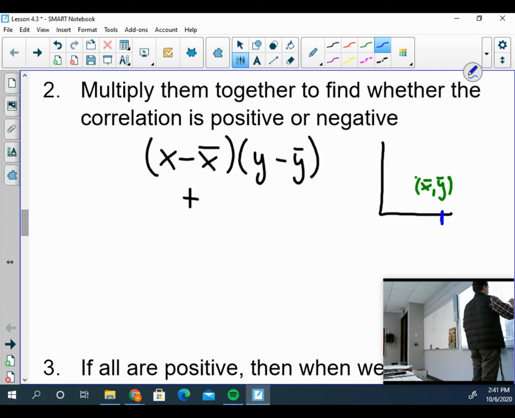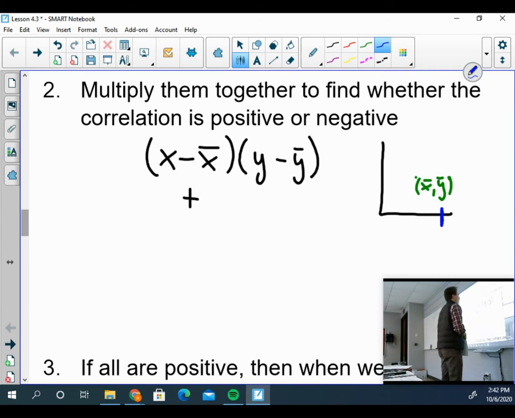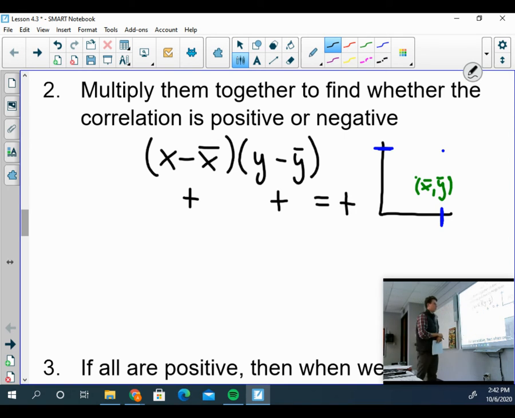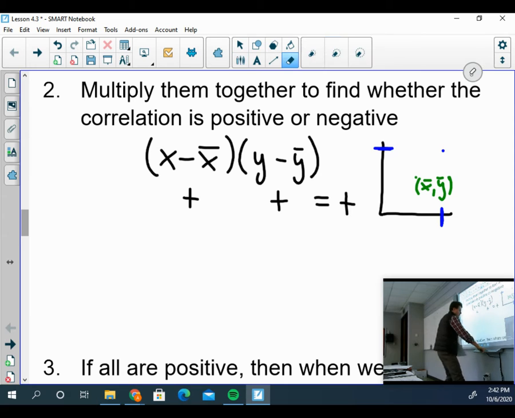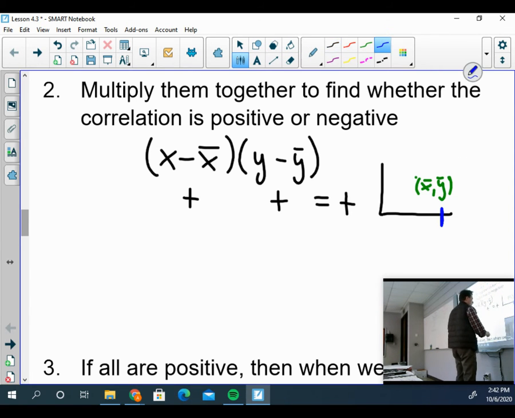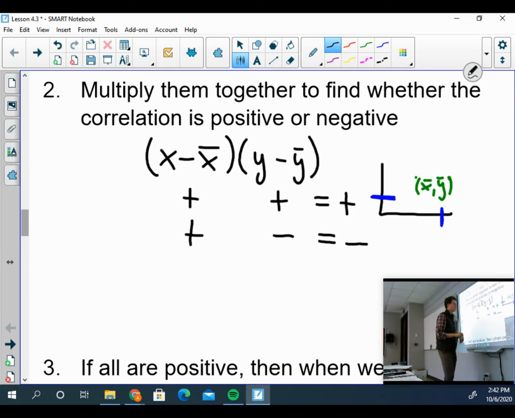Let's say my X value is in here, and let's say I also have a high value for Y. Let's say it's here, so the physical point would be here. I'm going to get positive times positive, which equals a positive. Now, if I had a high value for X and a low value for Y, I would get positive and negative, which multiplied together gives me a negative.